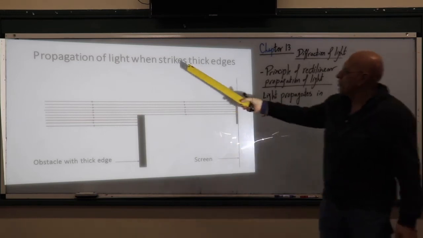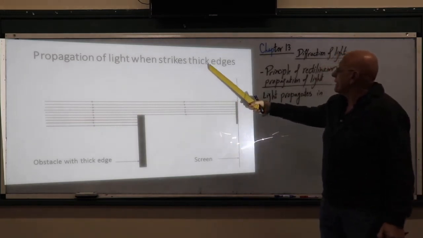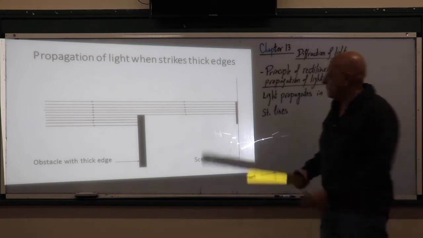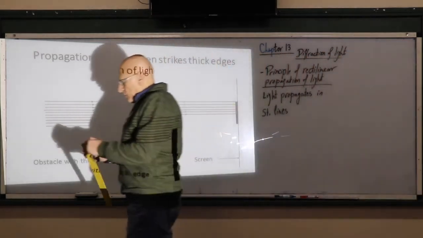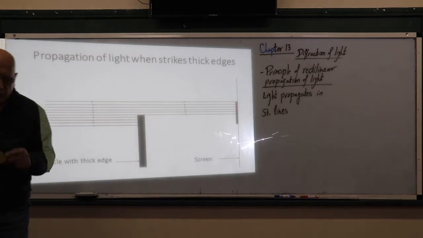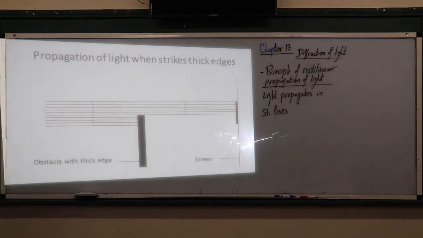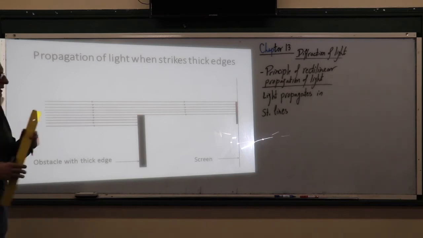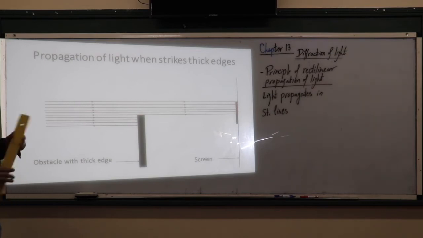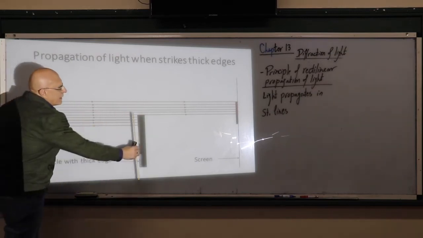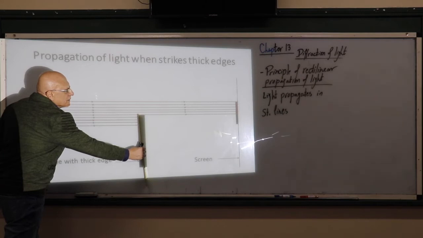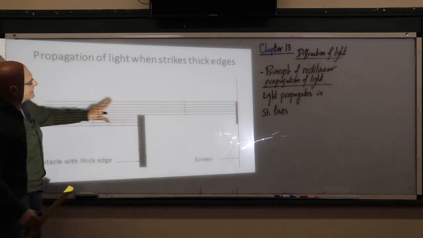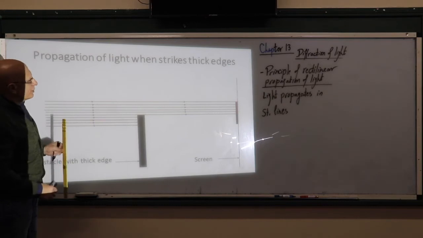Also here, propagation of light when it strikes thick edges. For example, this edge is large compared to light. Light has a maximum wavelength lambda of 0.8 micrometer, which is negligible compared to this edge. This can be considered a thick edge. Here, if I put a thick edge and I send a laser beam, what do you notice?